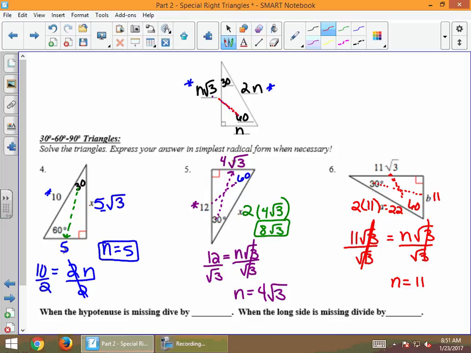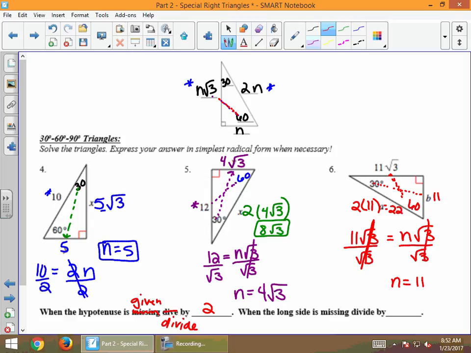So to sum things up: when the hypotenuse is given, you're going to divide by 2. Whenever you're given the hypotenuse of the 30, 60, 90, you're going to divide by 2.